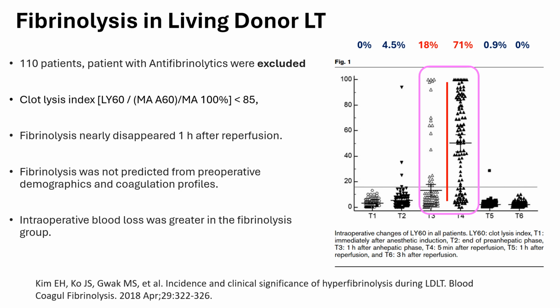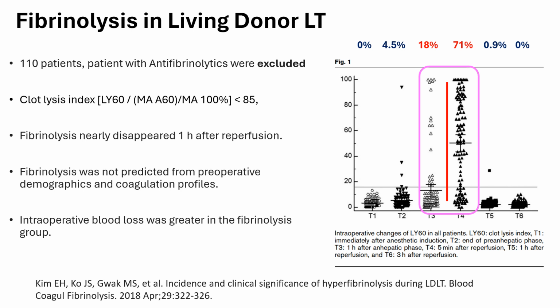No patient had fibrinolysis. T2 is the end of the pre-anhepatic phase, and 4.5% of patients had fibrinolysis. T3, this is the time when fibrinolysis occurred more often. 1 hour after the anhepatic phase, 18% of patients had fibrinolysis. T4, the most common time of fibrinolysis, is 5 minutes after reperfusion, and 71% of patients had documented fibrinolysis.